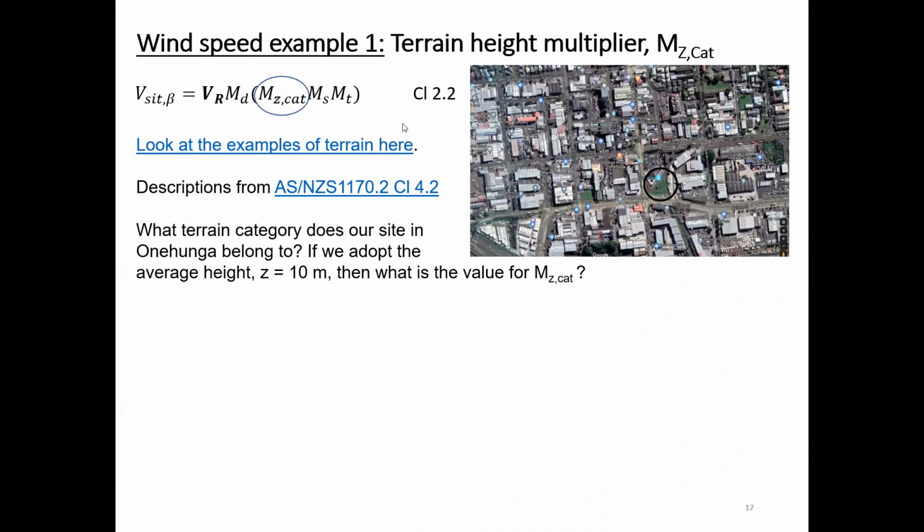Now, the next thing we need to do is look at the terrain height multiplier, MZCat. So we look at the example's terrain. You've got descriptions here, and I'll give you the links for you to be able to solve this part of the problem.